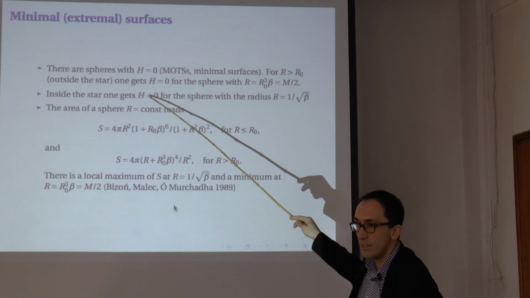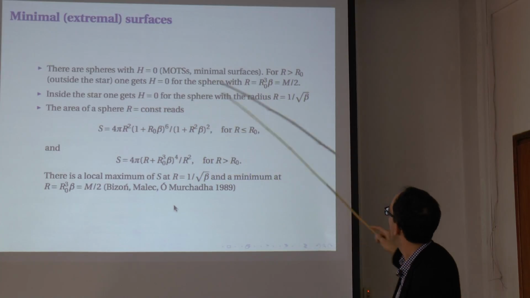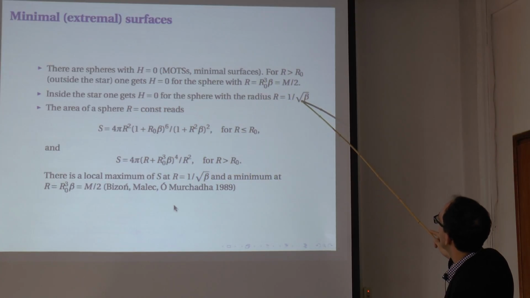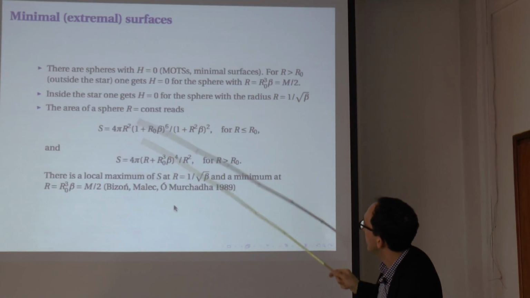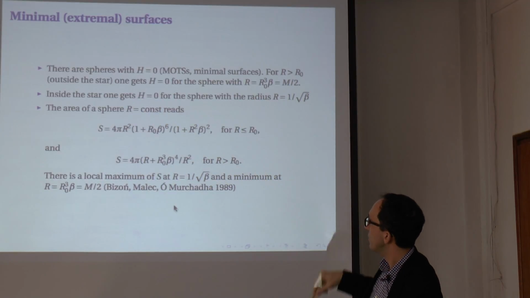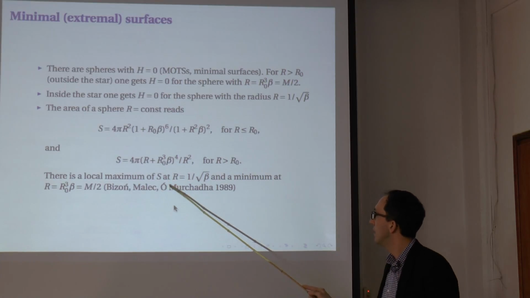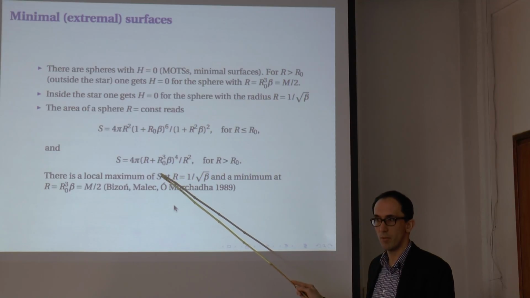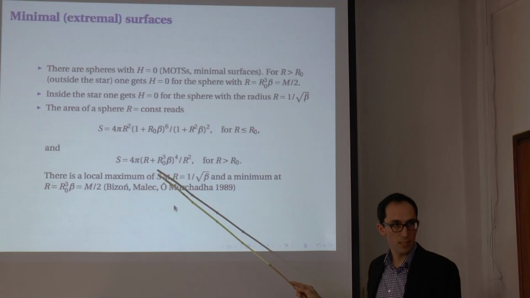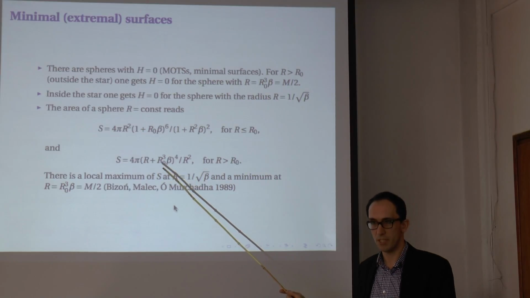But also inside the star you could find a minimal sphere at the radius r being 1 over square root of beta. If you consider the area of those spheres, you see that the one outside is a local minimum of the area, so it is a stable minimal surface.